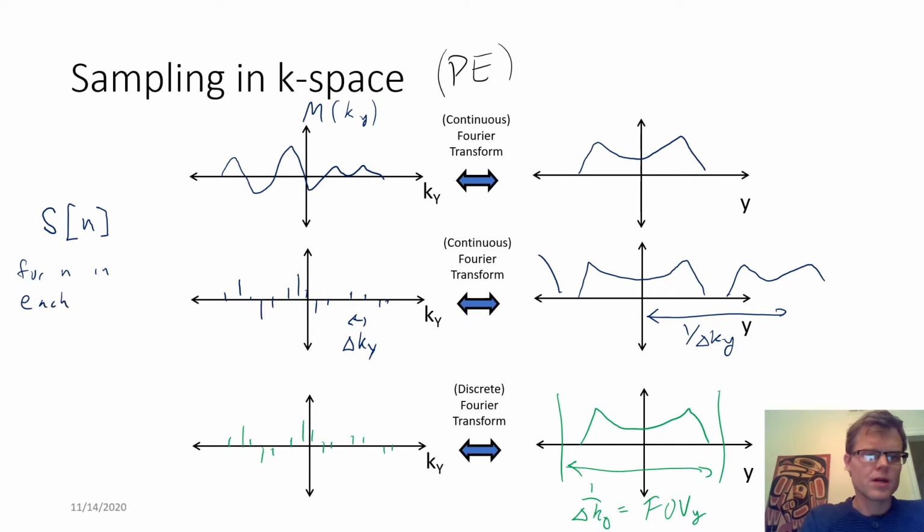Okay, so there's not this analog to digital converter step in phase encoding. We just fill this in one, say, TR at a time. Okay, and I'll get back to this point in a minute.